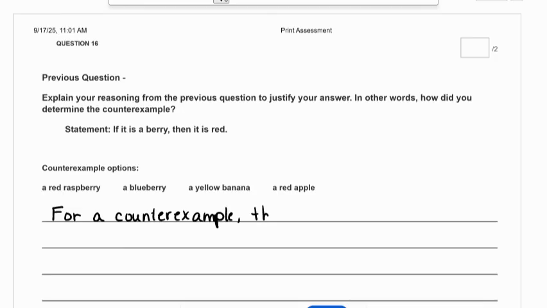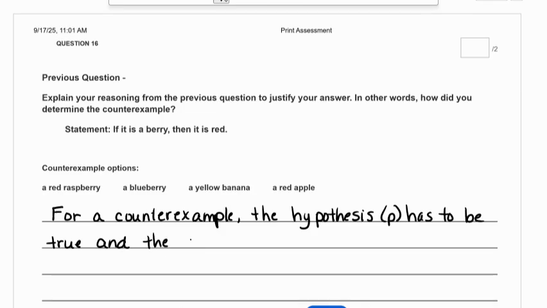the hypothesis has to be true. And the conclusion has to be false. And y'all, I should have put the conclusion as Q. Okay?